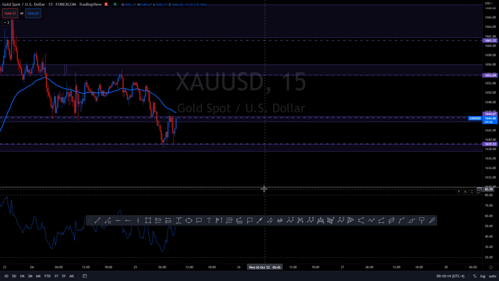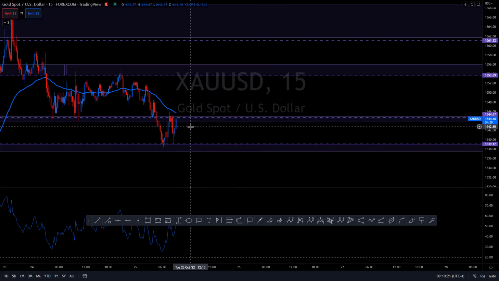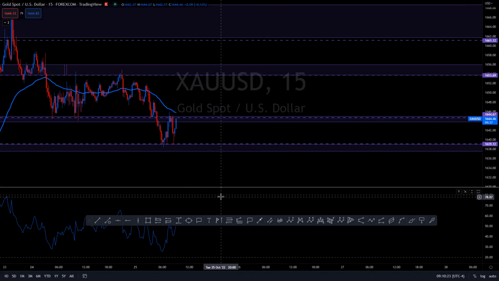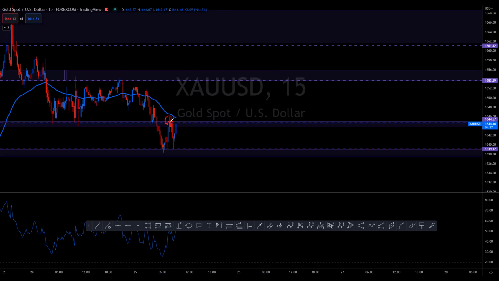But what I want to do is wait and see if the next candle closes above this and then goes up, because when you look previously here, it looks like price respected this zone and then pushed down to this zone.